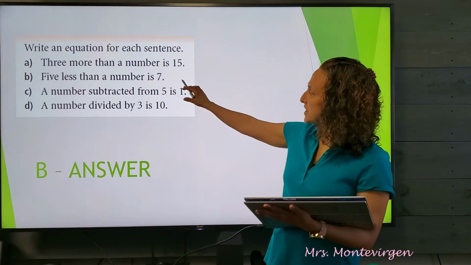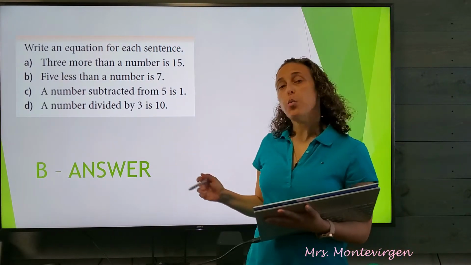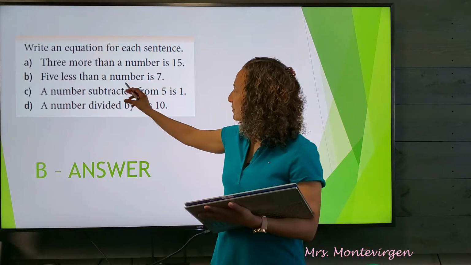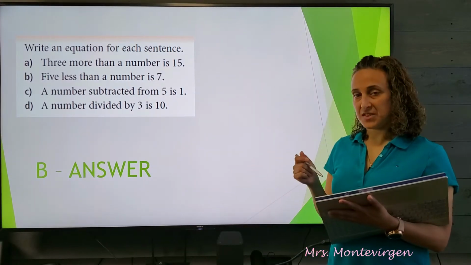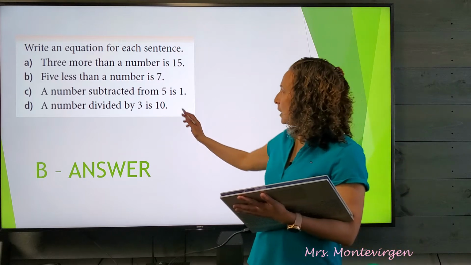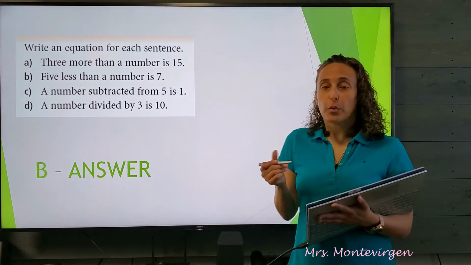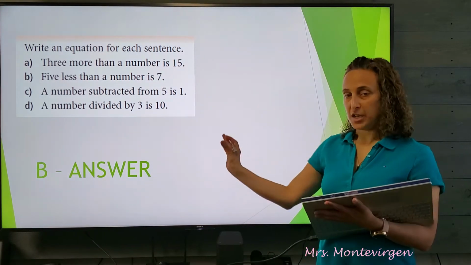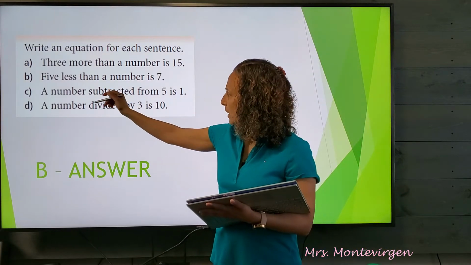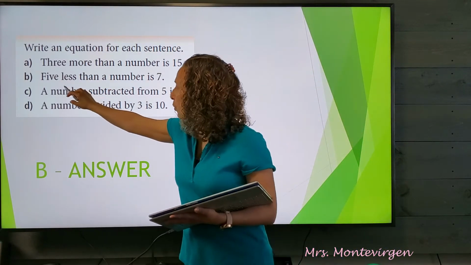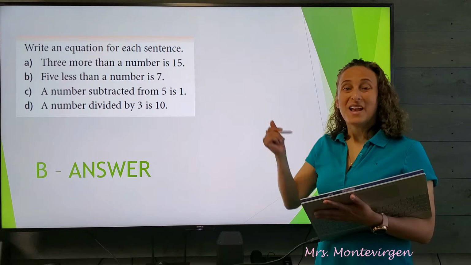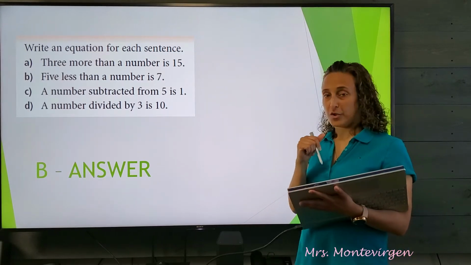So here is the second one, which is b. So again, what would the equation be? 5 less than a number is 7. Now keep in mind, as soon as we say is 7, you already know I'm going to have an equal sign equals 7. You just have to figure out, try to recall, how do you write down 5 less than a number? And that's exactly what we did before with algebraic expressions.